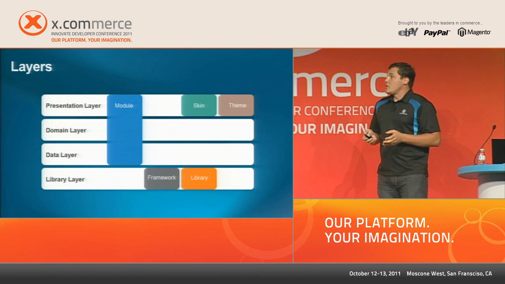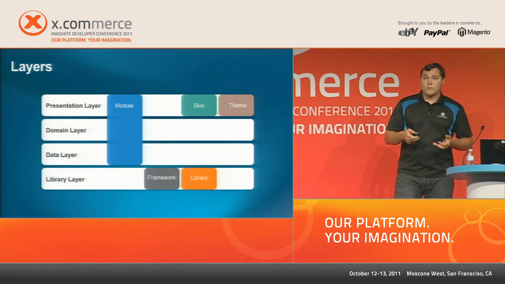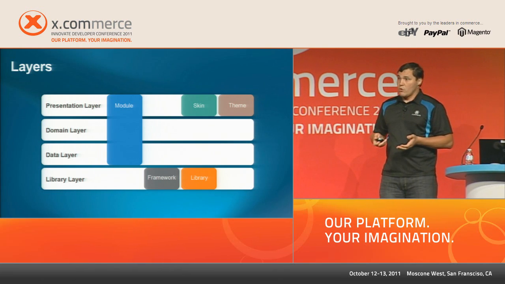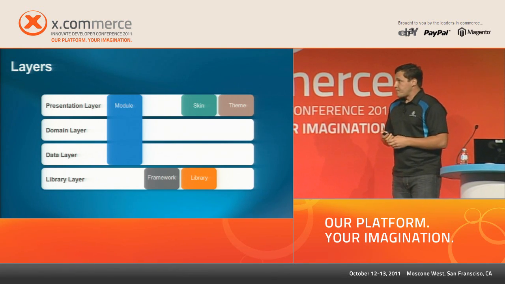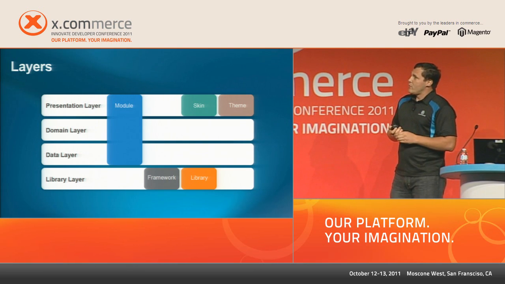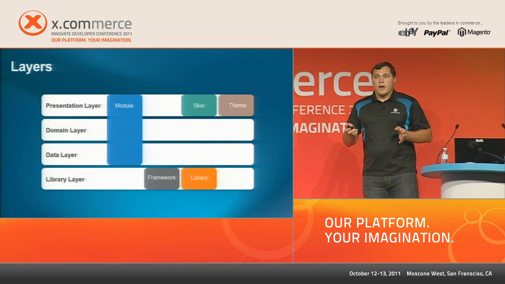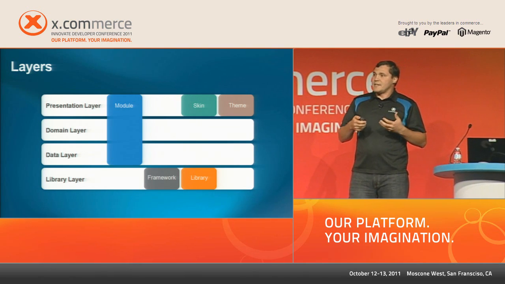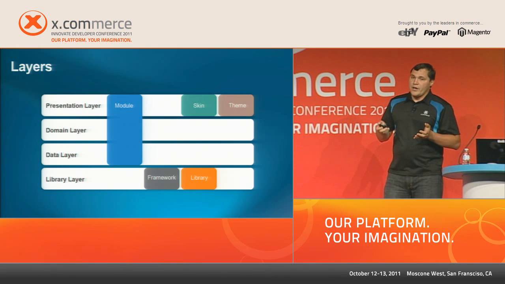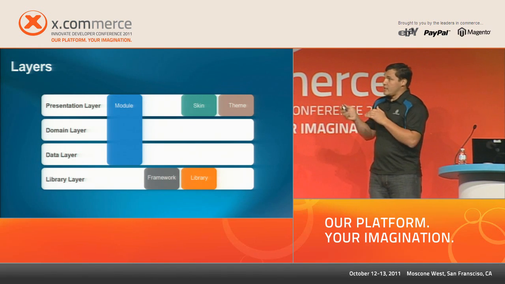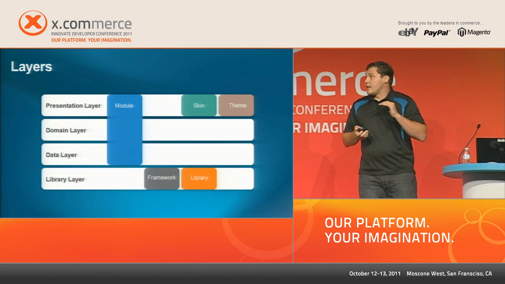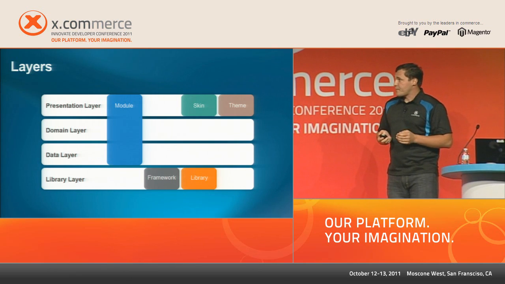The data layer is reused by our domain layer, and the domain layer is the presenter of all business logic. The top layer of Magento is the presentation layer, which provides you the ability to present all data and all business logic located on the layers below.